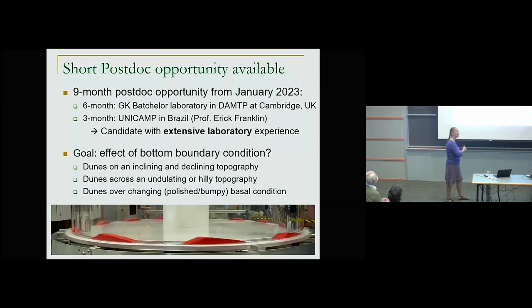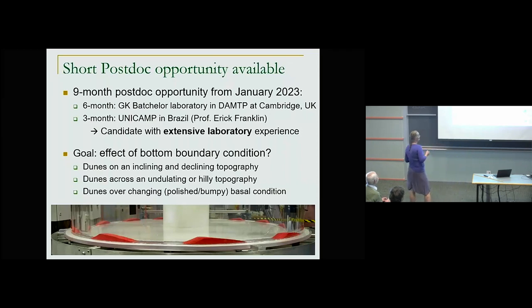And I want to finish with the last 30 seconds. I have a short postdoc opportunity available. It's awkward because the postdoc will be based in Cambridge, and I'm not in Cambridge anymore. It's a 9-month postdoc. I'm looking for a candidate with extensive laboratory experience because they will need to work rather independently, with me on Zoom for supervision.